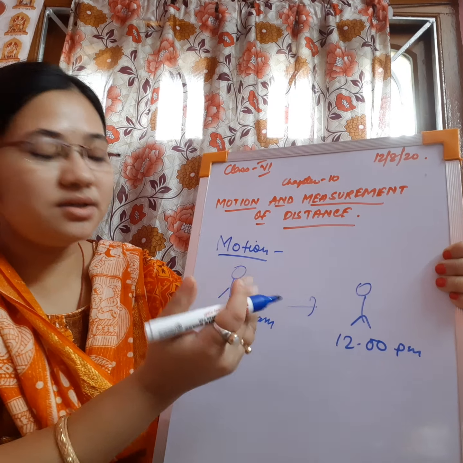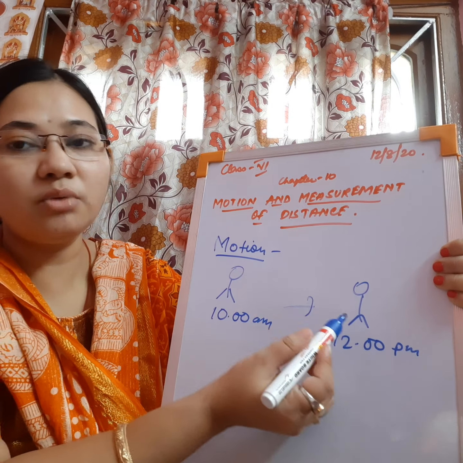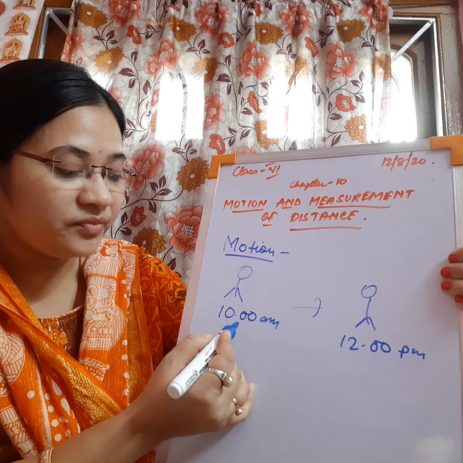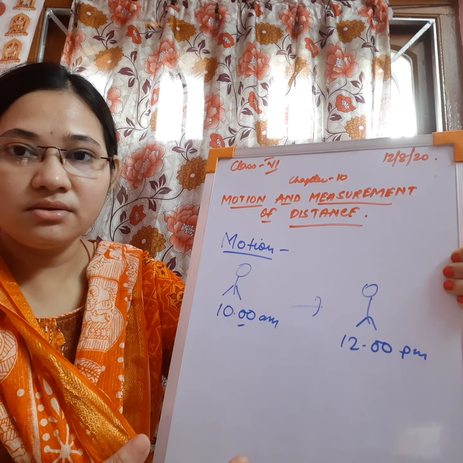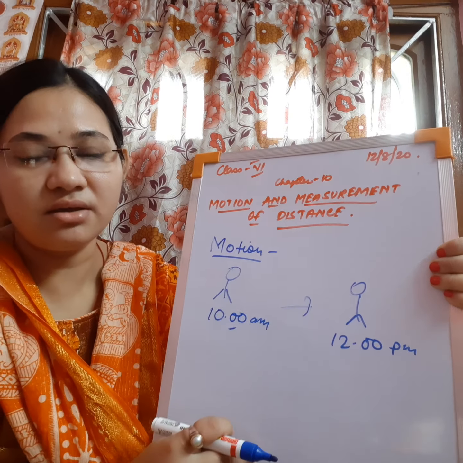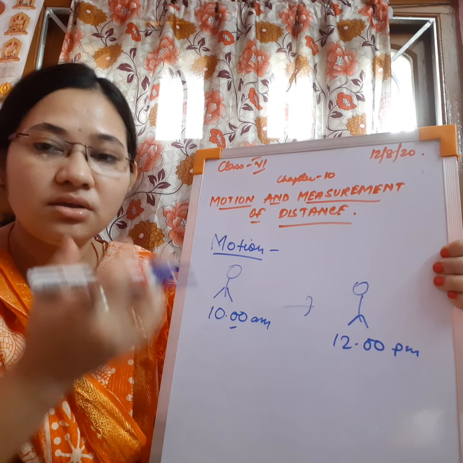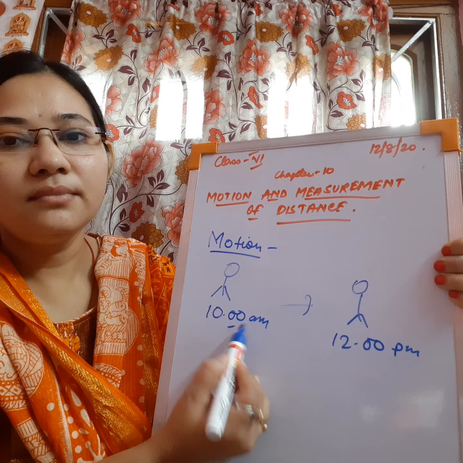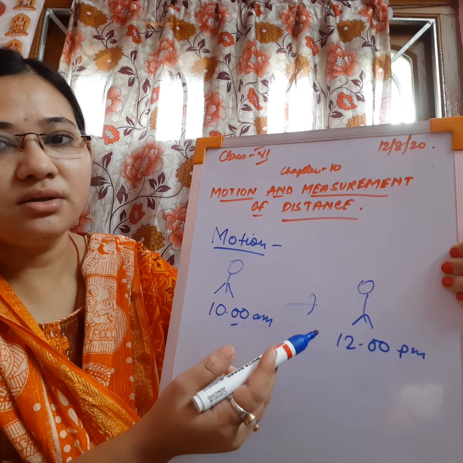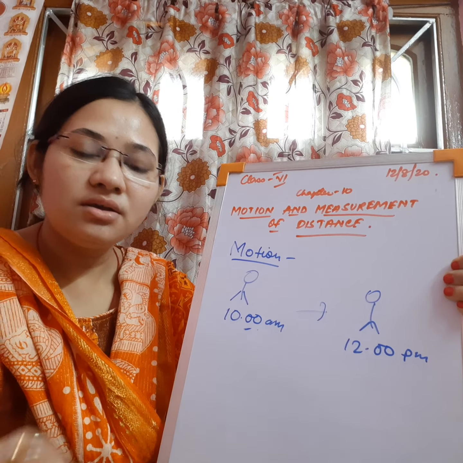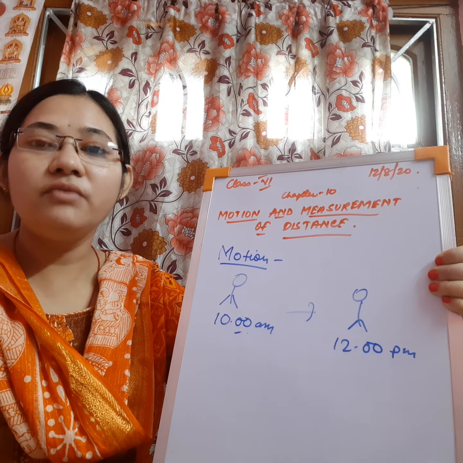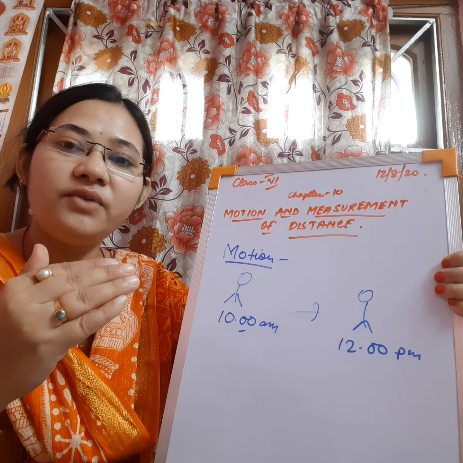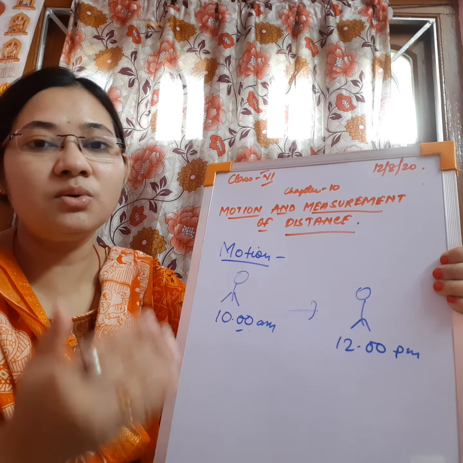That means you have changed your position with respect to time as well as surrounding. That means you are in motion. So once again, what is motion? A body is said to be in motion when the position of that body changes with respect to time.